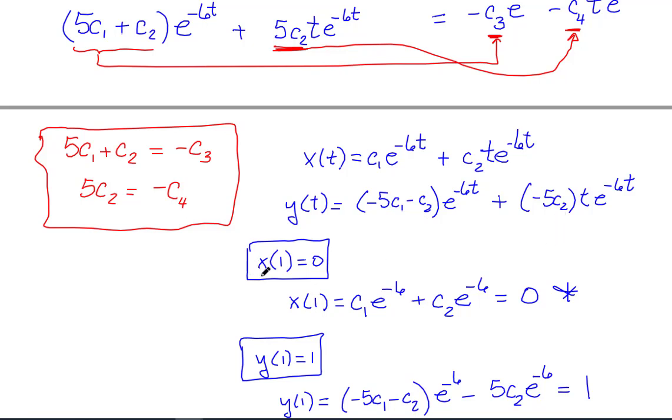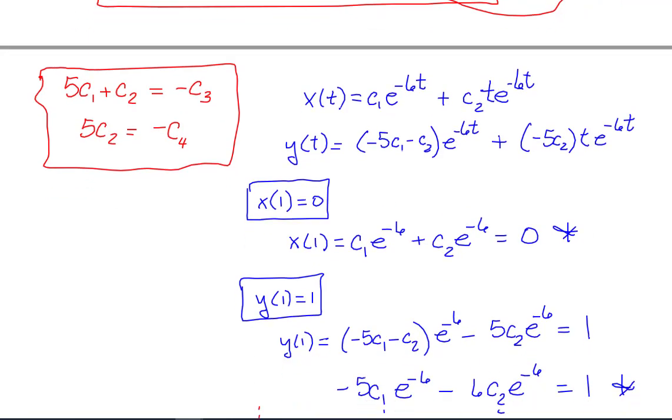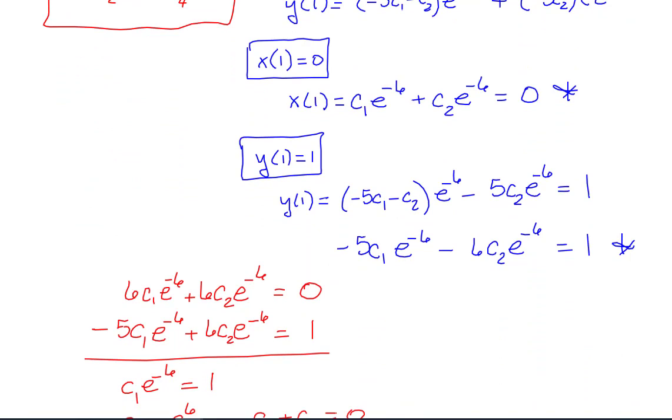Now I get my initial conditions into the game and see what that means. When I plug in 1, I get this relationship for C1 and C2. Now supplementally, you can factor out an e to the minus 6, and you would get C1 plus C2 is 0. That's another hidden fact in that particular equation.